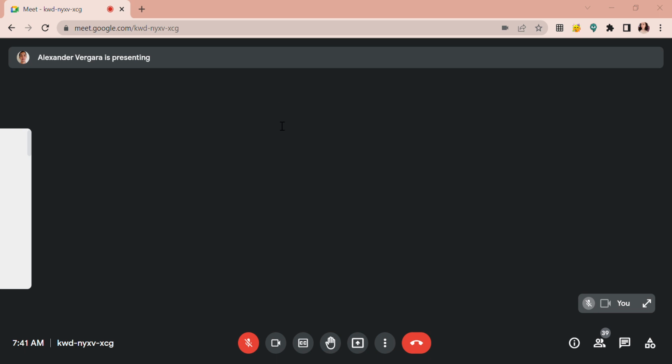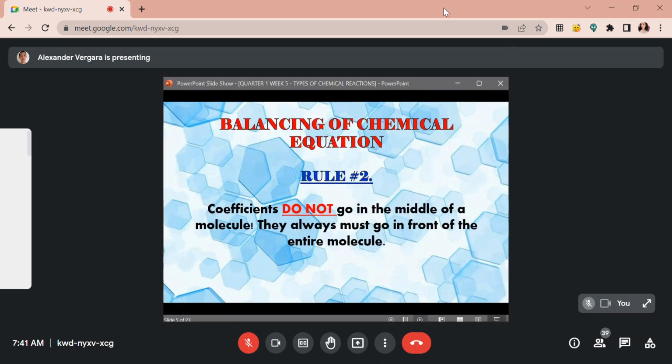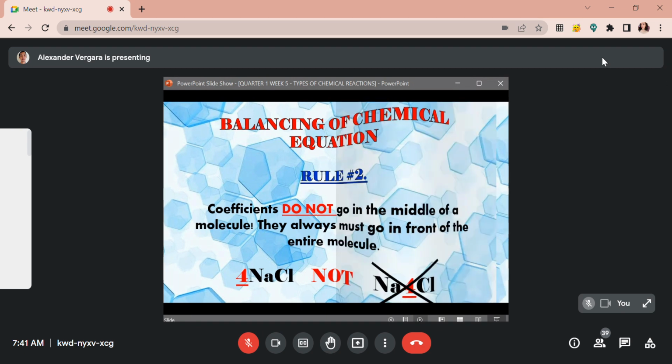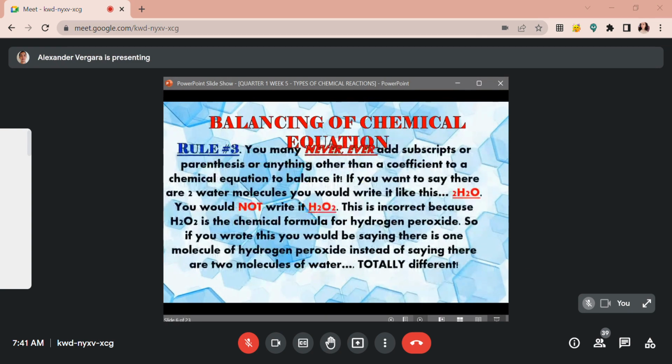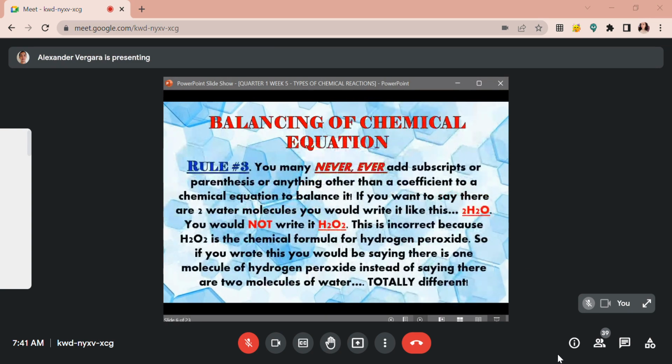They always must be in front of the entire molecule. So the left side is correct, while the right side is very wrong. Number 3: you may never add subscripts or parentheses or anything other than coefficients to a chemical equation to balance it.